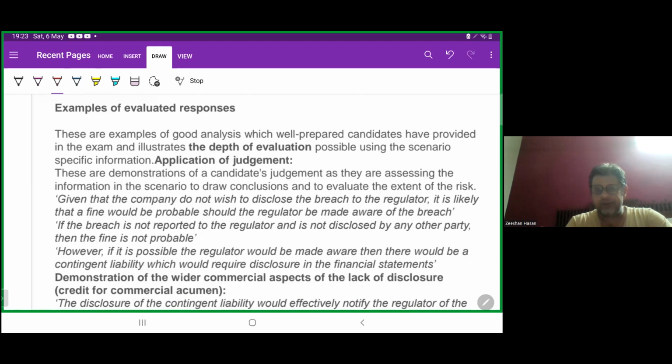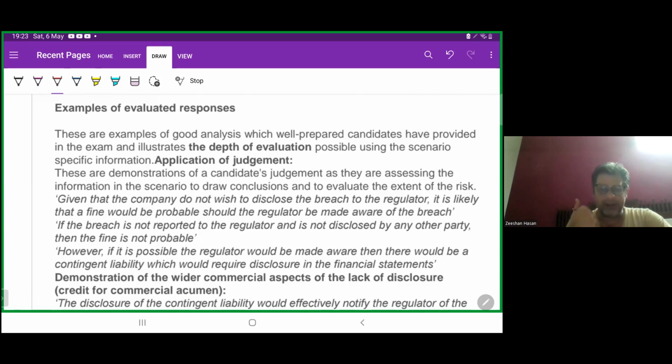Given that the company does not wish to disclose the breach to the regulator, it is likely that a fine would be possible should the regulator be made aware of the breach. If the breach is not reported to the regulator and is not disclosed by any other party, then the fine is not probable. However, if it is possible the regulator would be made aware, then there would be a contingent liability which would require disclosure in the financial statements.